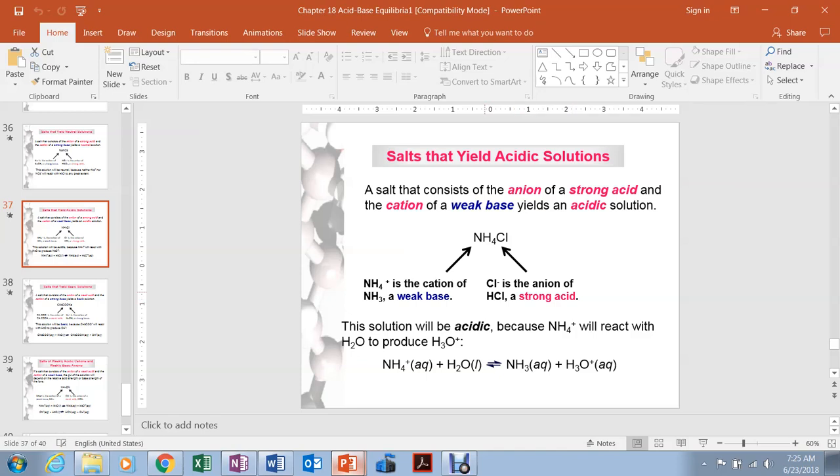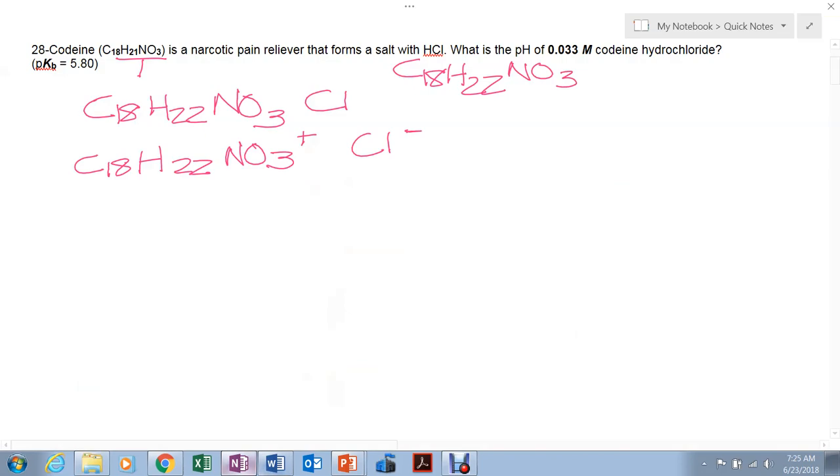So when you got a conjugate acid of a weak base, that conjugate acid is going to react with water to form hydronium. This one doesn't react because it's a very weak conjugate base that comes from a strong acid. And I'll explain a little bit more, but this is the case.